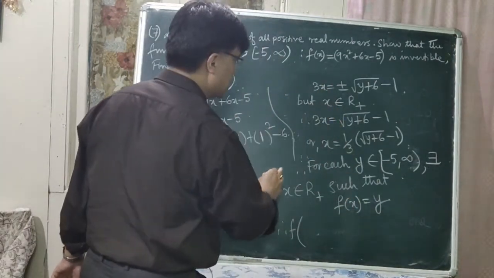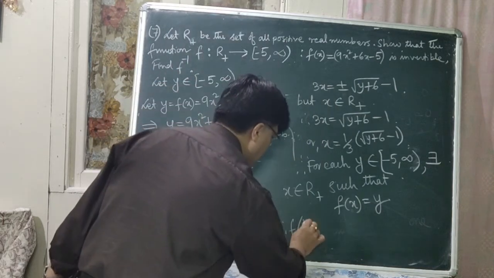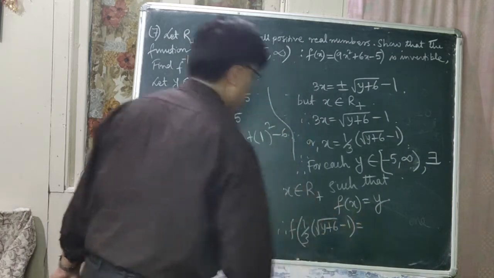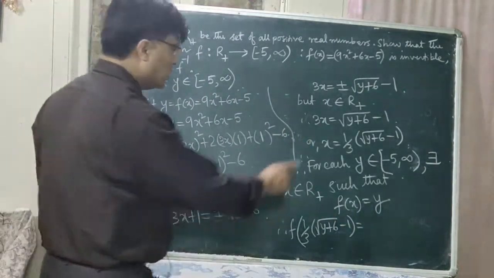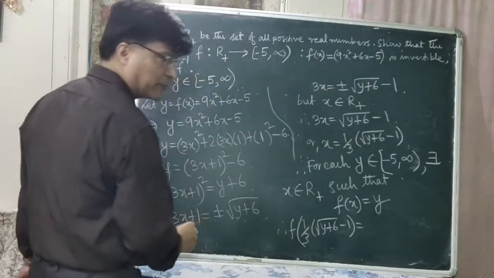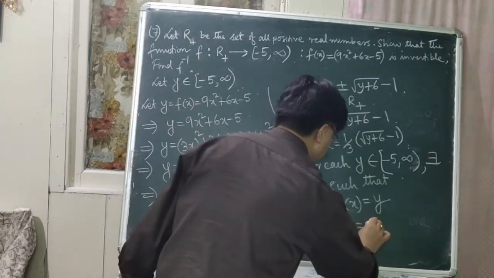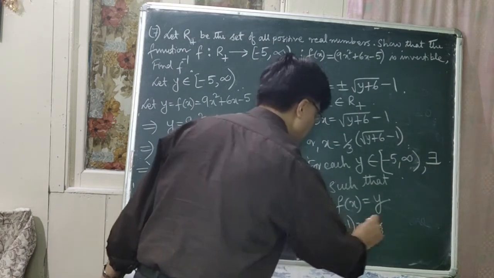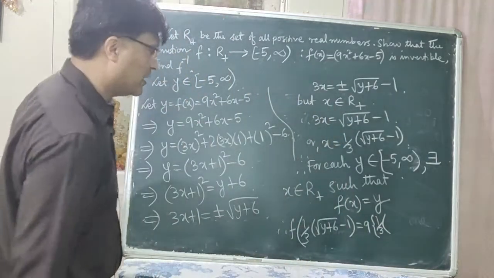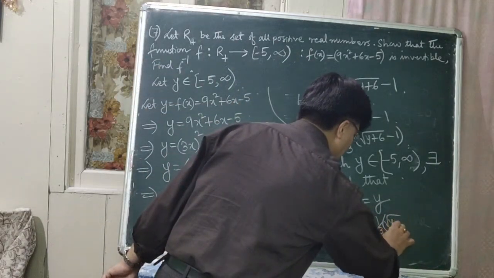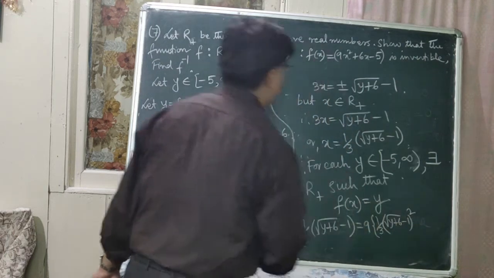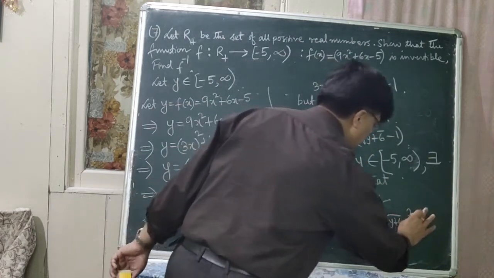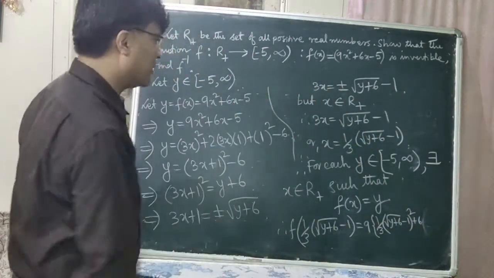What is x in this case? Here x is 1/3 within bracket root over y plus 6 minus 1. So now instead of x you have to put this number, right? So 9 into within second bracket 1/3 within first bracket, let us put the value for x there, root over y plus 6 minus 1 whole square, okay, plus 6 into within bracket, what is the value for x here?